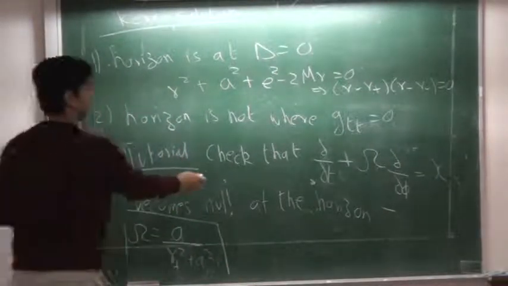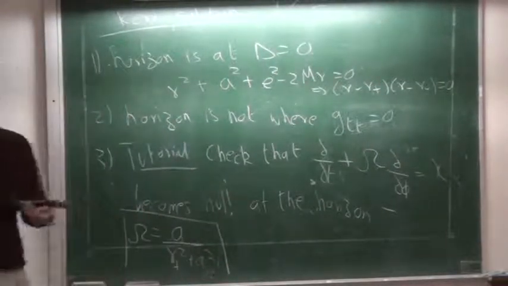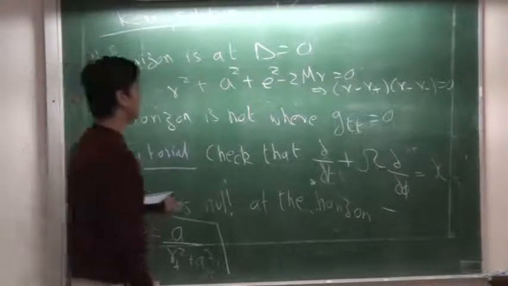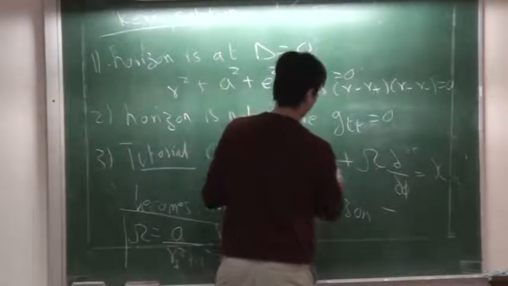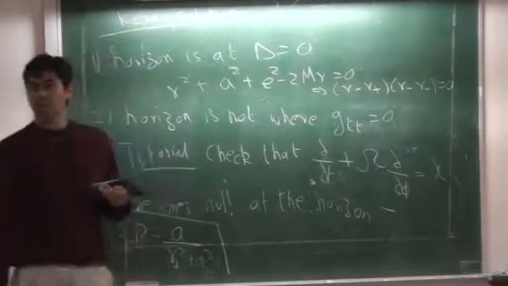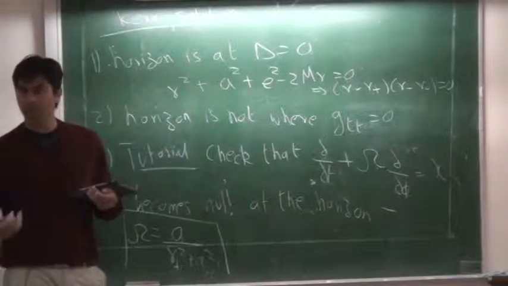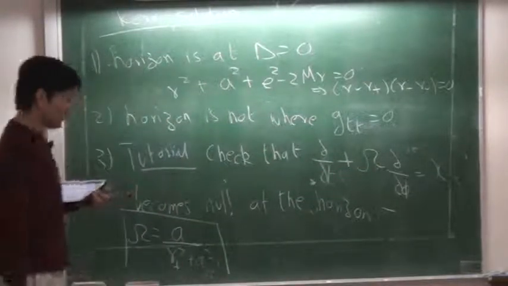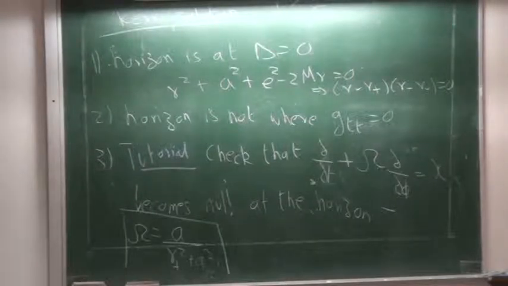This is a simple exercise in taking the metric we wrote yesterday and checking that d by dt is not necessarily null, but there are two Killing vectors of that metric. One of them is d by dt, the other is d by d phi, and a particular linear combination of d by dt and d by d phi, when you take this omega equal to this, becomes null at the horizon. So this is a simple exercise in taking the metric and working it out.